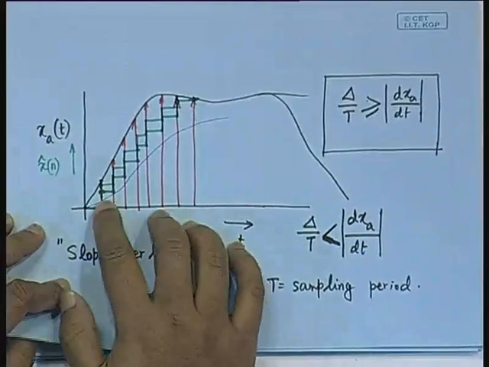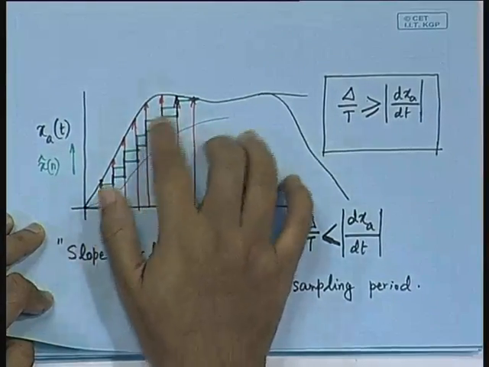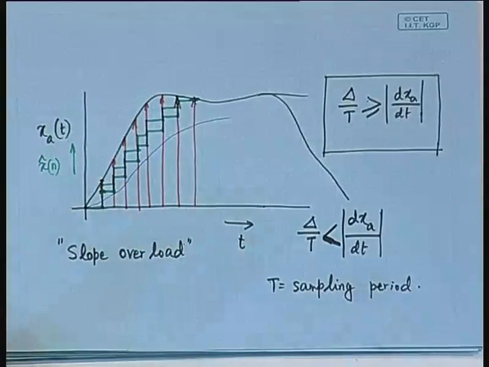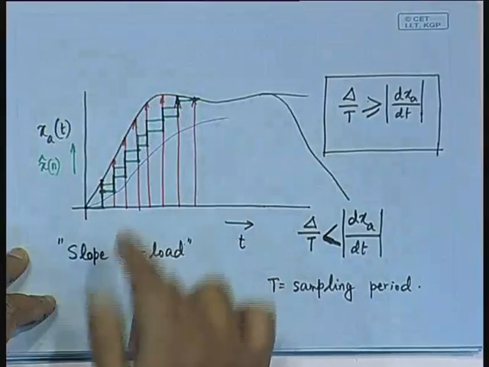Yes, the answer which many of you gave is correct: delta n should be increased when we observe that C of n is remaining the same. That means there is a need to increase the step size. That is what we tried to do here, because when we found there was a slope overload, we were trying to increase the value of delta and track the waveform.